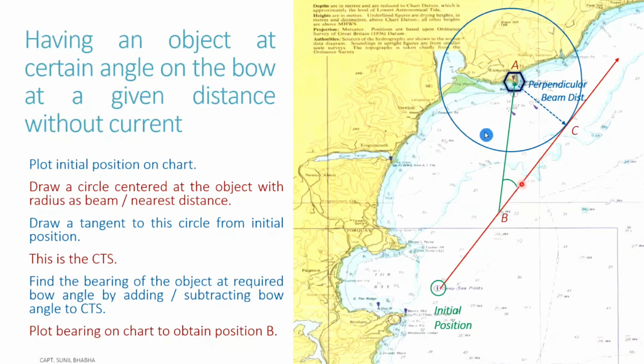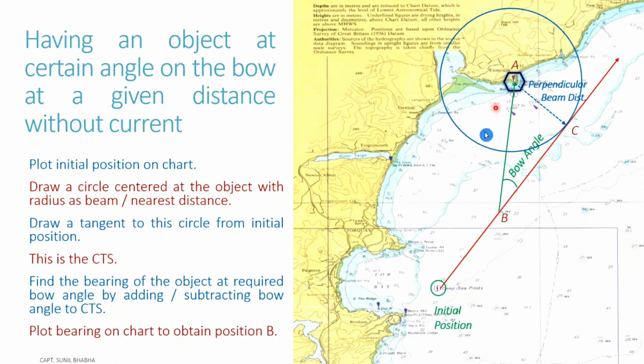Now, if you measure this bow angle here, which is the angle between the CTS and the bearing of this lighthouse, you will find that this is exactly the same bow angle which was mentioned in the question.